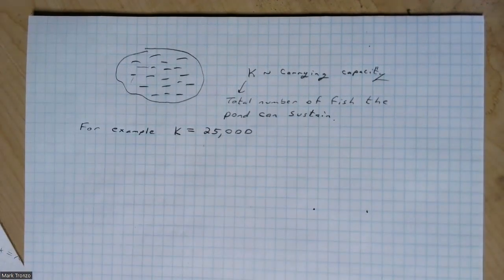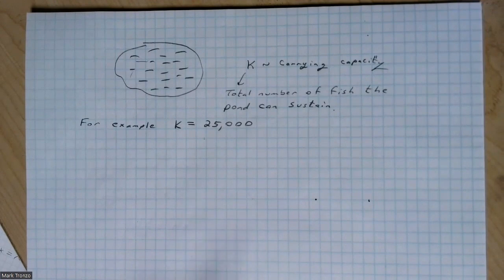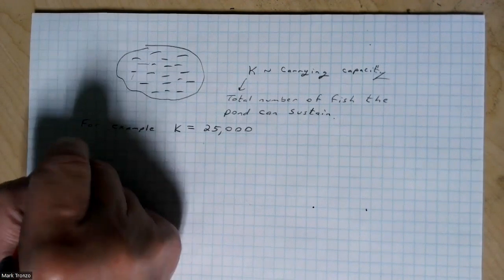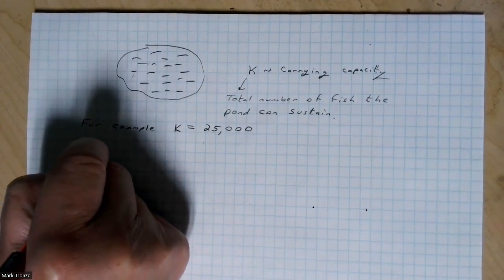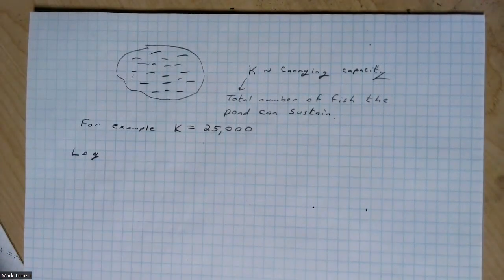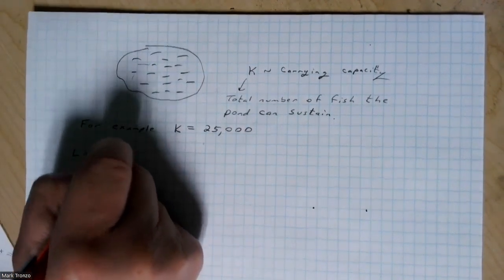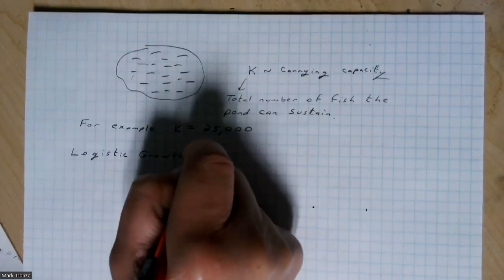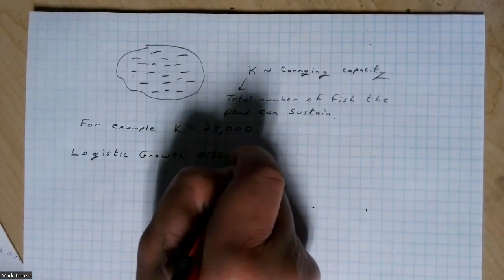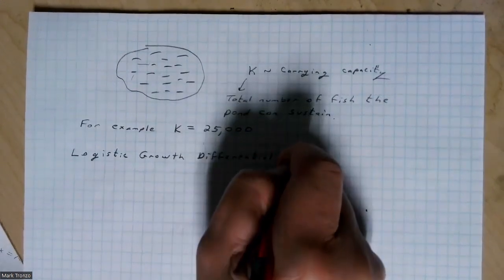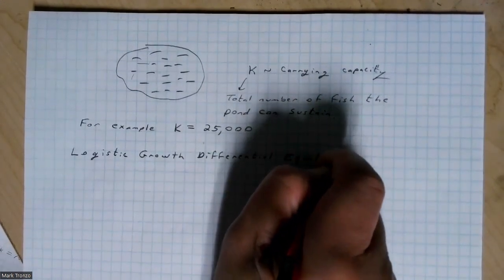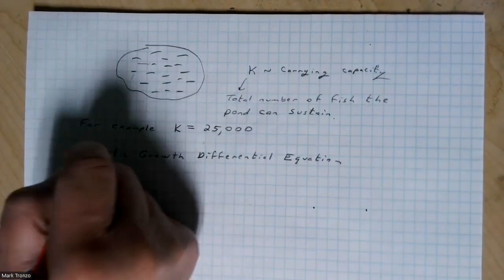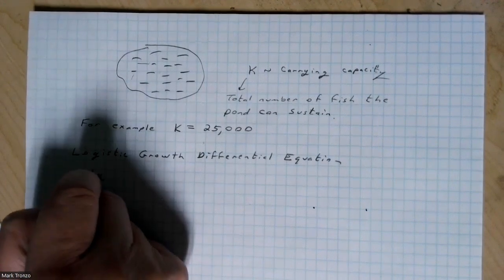So for differential equations like this, we often will have what they call a logistic growth equation. And so once again, let's say X is the number of fish in the pond at any given time.